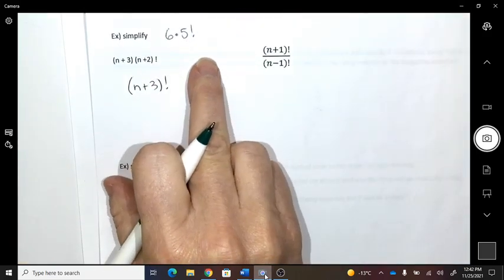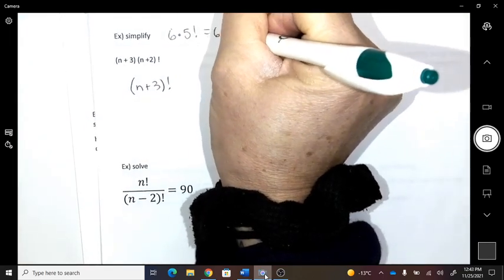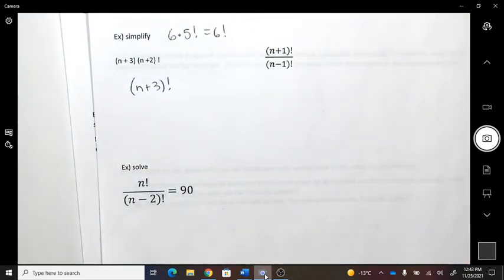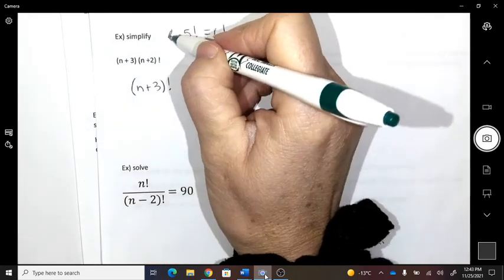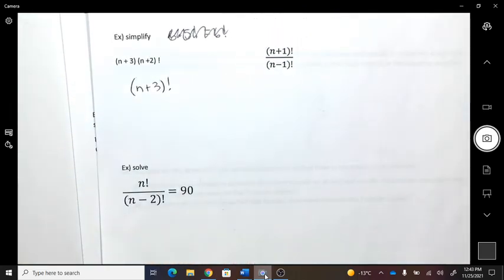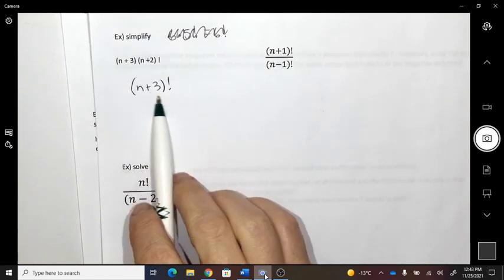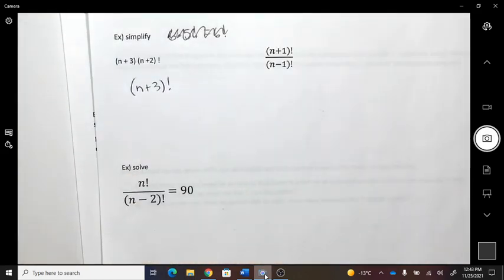You can't do any of these things with negative numbers. N minus 2 is not a negative number. Well, no. Definitely not. You don't know what n is.